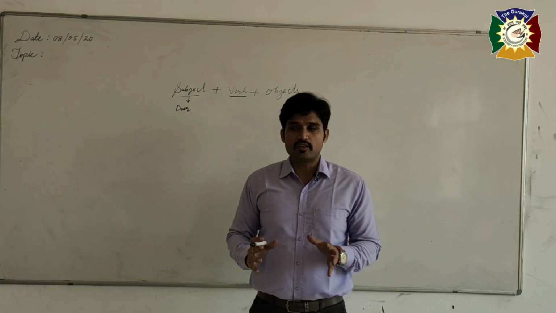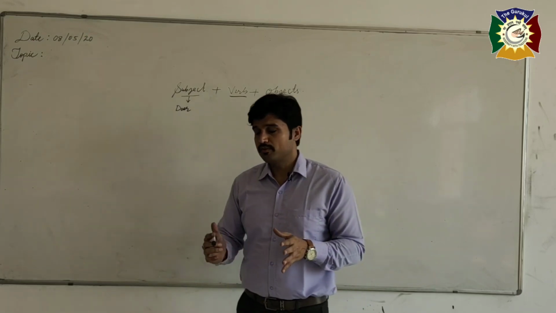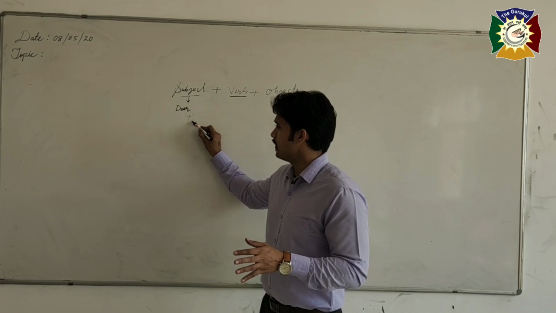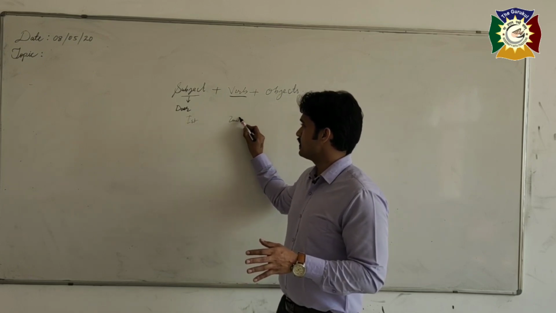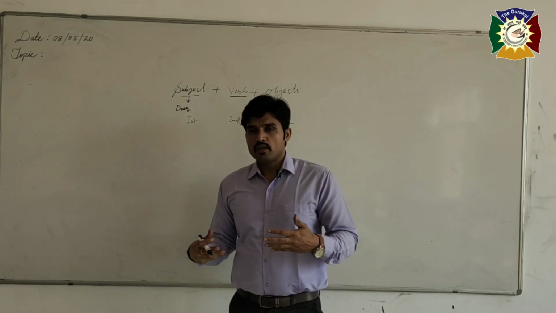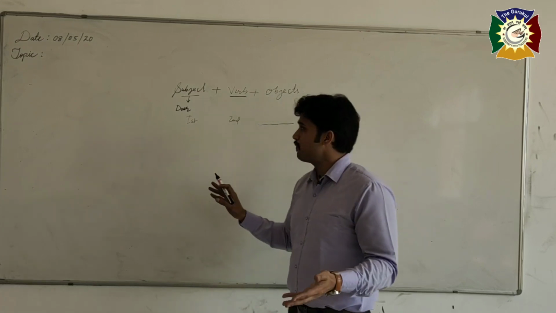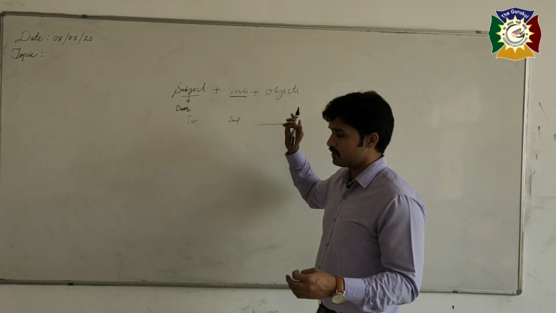Here we can learn about the places of the words, like what comes first, what comes second, and what are the next words. Now, I will talk about this in detail: subject, object, and verb.